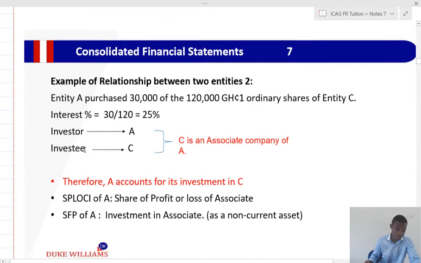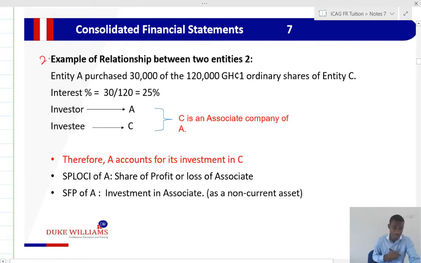Now, the next example, example 2, we have entity A purchased 30,000 of the 120,000 Ghana ordinary shares of entity C. Here, to establish the interest, we would have 30,000 shares divided by 120,000 shares, and that gives us 25%. 25% is less than 50%, and because it's 20% or more, the presumption we have learned earlier would apply, and therefore there will be an associate relationship between the investee and the investor.